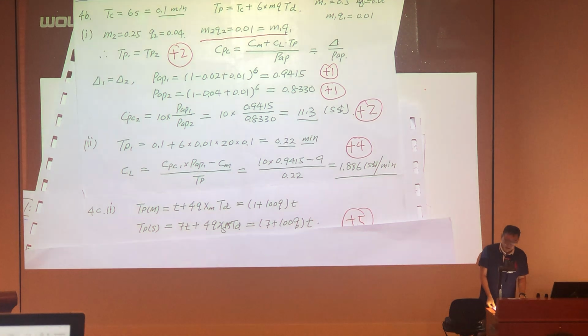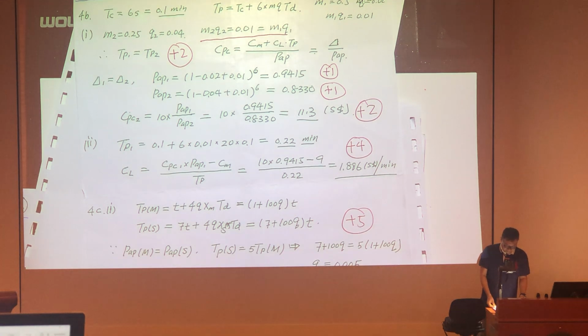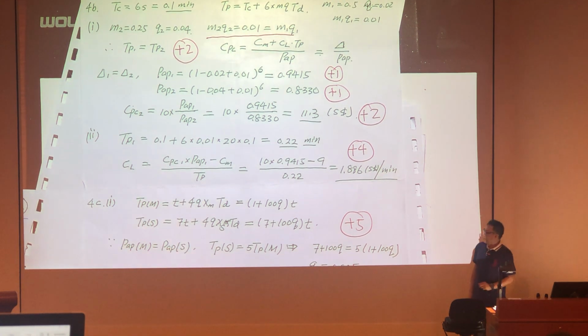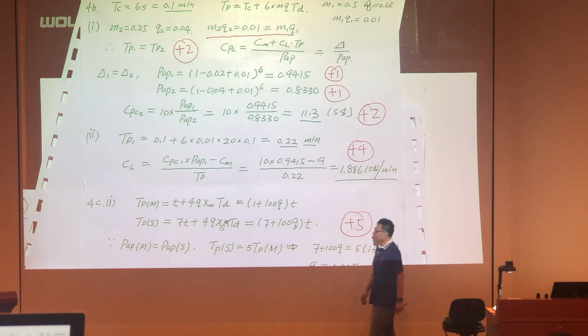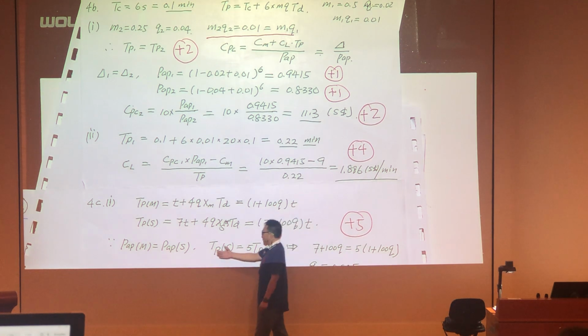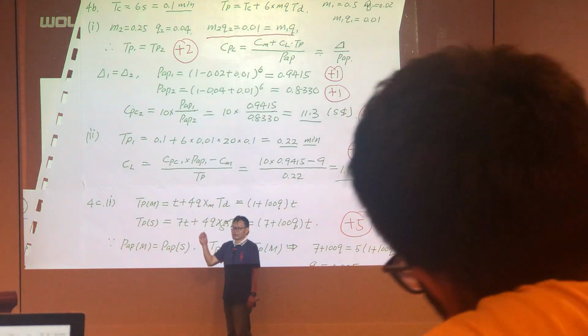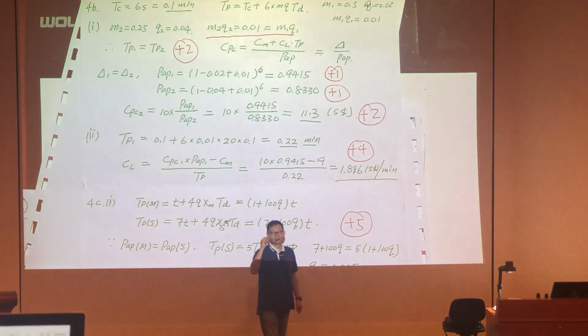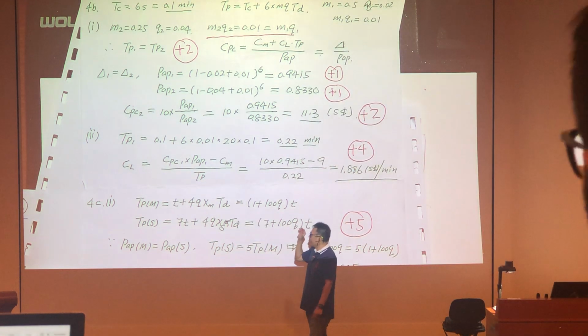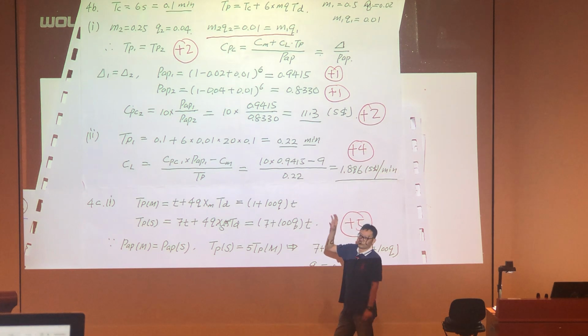Now, combining with the PEP. Okay, in this case, we have this relationship. Because XM equals to, because M for single station, M for multi-station, all the same.